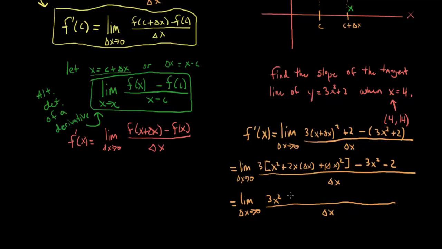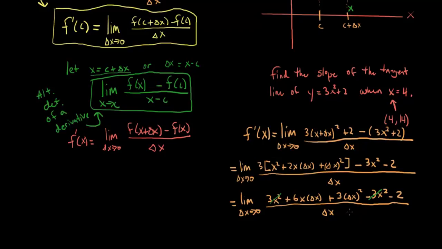Now we have 3 times 2x times delta x, that's plus 6x times delta x, plus 3 delta x squared, minus 3x squared, minus 2. Now, hopefully we see a few things cancel out here, and we can see the answer coming together. We have a 3x squared and a negative 3x squared. Those add to 0.